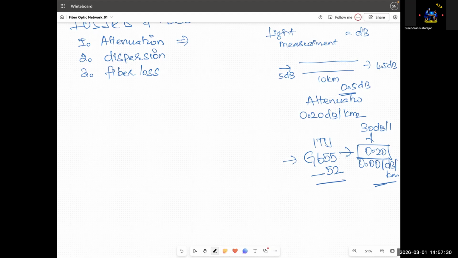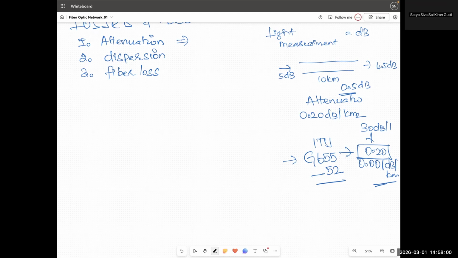We don't have options because here in the US, people are more concerned about rules. They always hang on the rules. So we should know the ITU definitions and numbers for these fiber characteristics. In India, people tend to forget it, but here we need to remember.